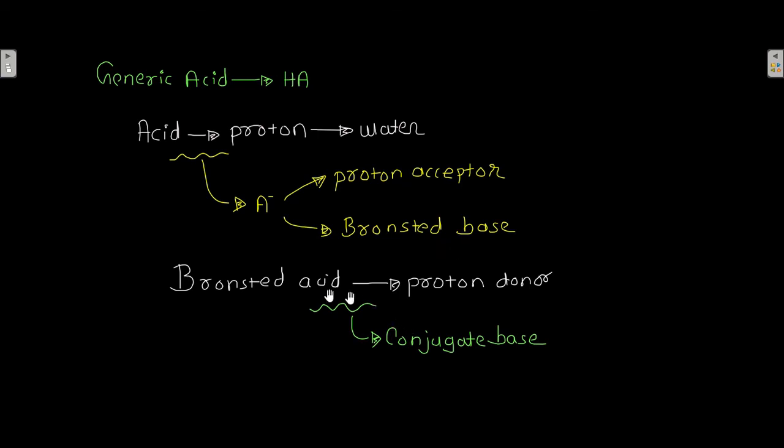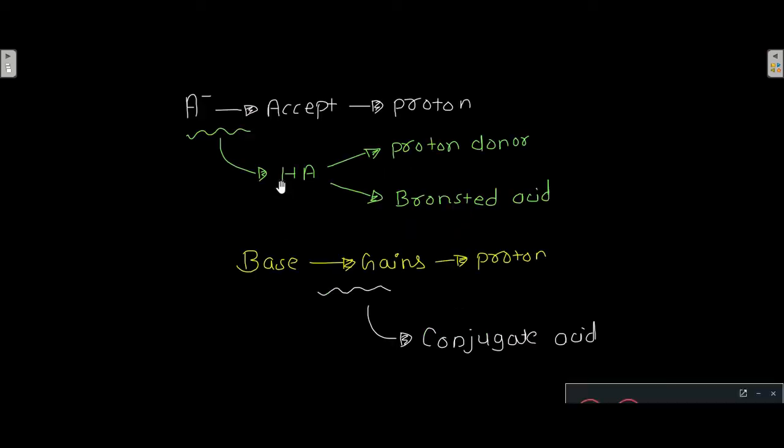Okay, so every time a Bronsted acid acts as a proton donor, it forms its conjugate base. So if you consider HA as the acid, then A- acts as the conjugate base. And when this A- accepts a proton, then HA will be your proton donor or Bronsted acid.